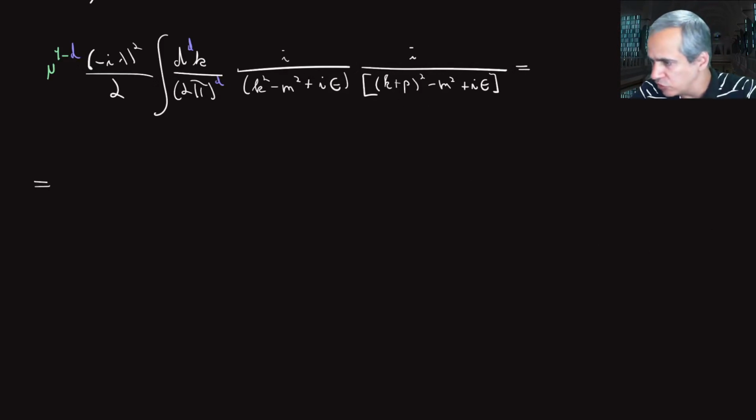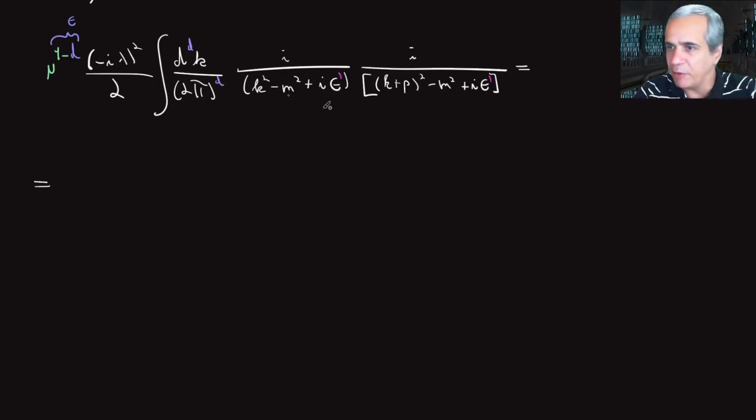I'll do some redefinition here: these epsilons, I'll call something else, epsilon prime, because I want to call this guy up here 4 minus d, epsilon. Of course, once d goes to 4, epsilon goes to 0, and we use this as an expansion parameter.